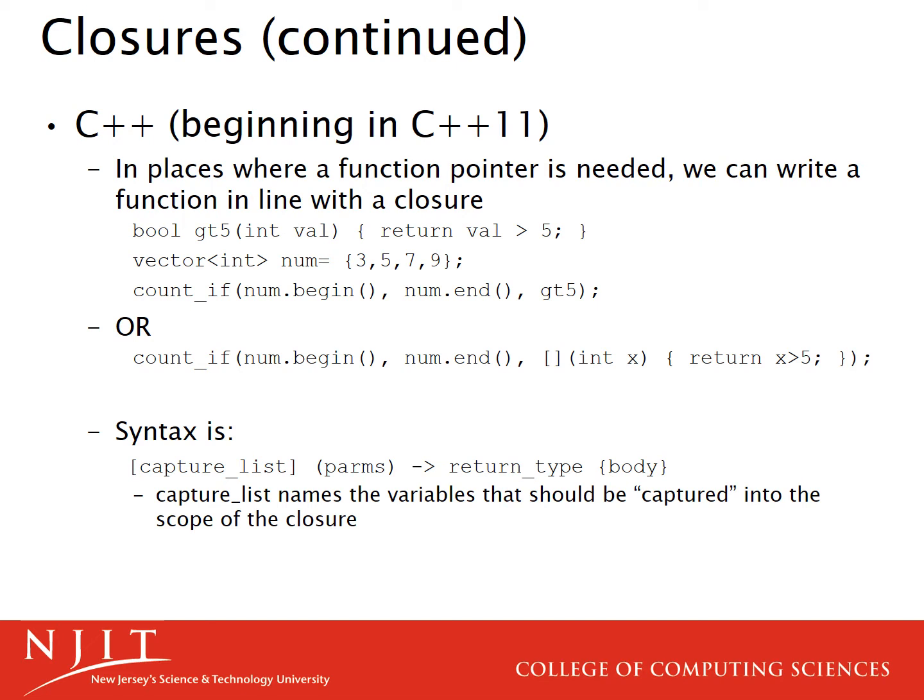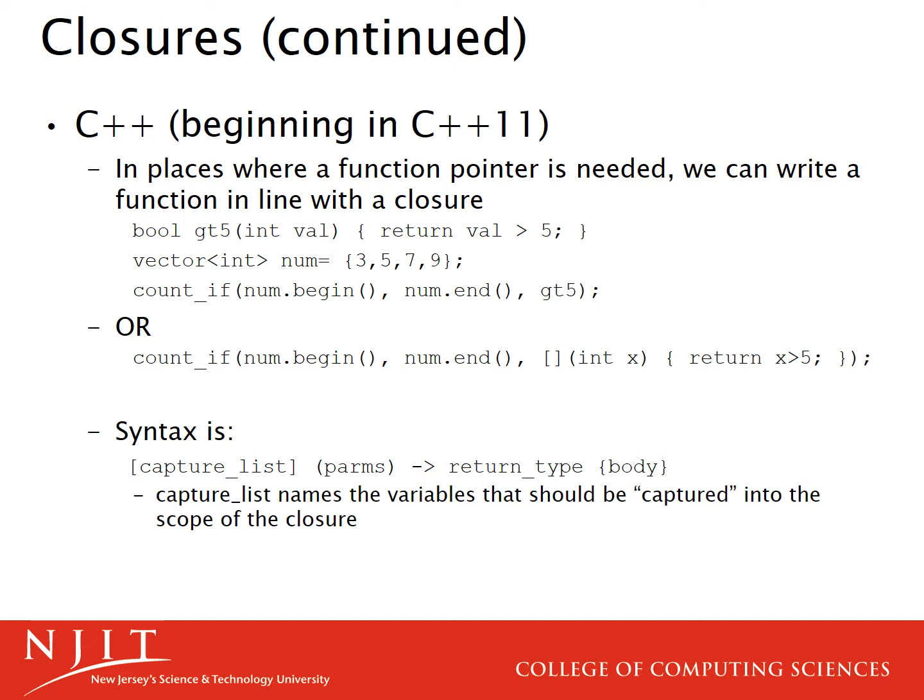In the first example, I have a function called GT5 that returns true if the value passed to it is greater than 5. I have a vector of integers, and I call count_if. count_if is going to count the number of times in this collection that GT5 returns true.